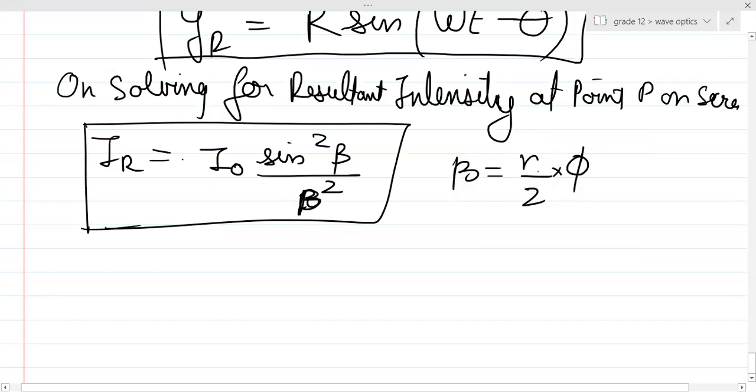No need to remember these formulas. If you can, it's well and good; if you can't, no problem.